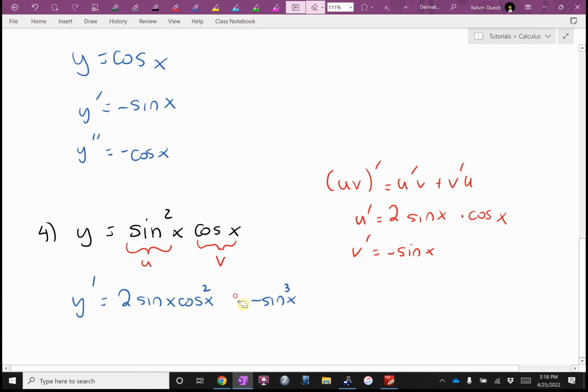Then probably they would just put that minus that. What else could we do to simplify? There's a GCF of sine that maybe I could factor out, but I'm just not sure why I would. So that's an example of chain rule and product rule combined.